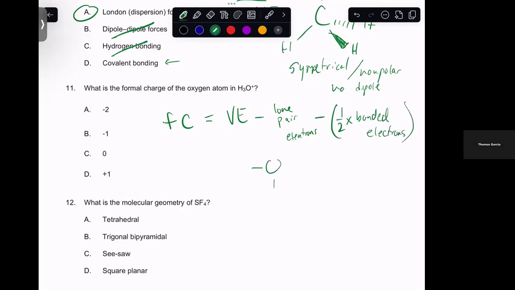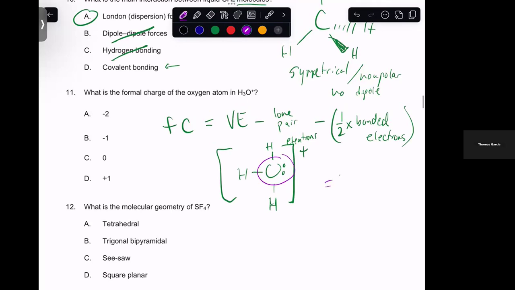Now, hydronium just looks like water with this one exception. You add another hydrogen, replacing one of the lone pairs, and you put some brackets and a plus. So to calculate this out, our number of valence electrons around oxygen is 6. Oxygen naturally has 6 valence electrons, not in this scenario, but naturally.